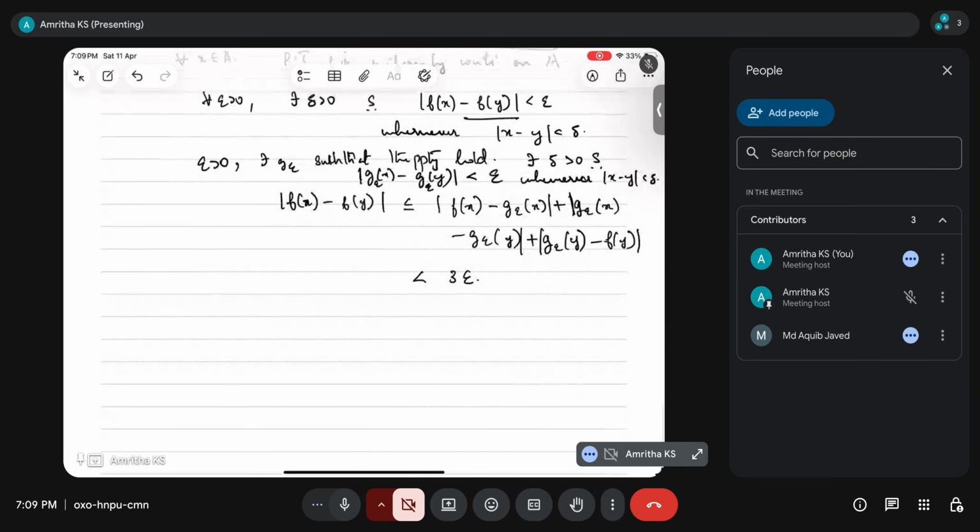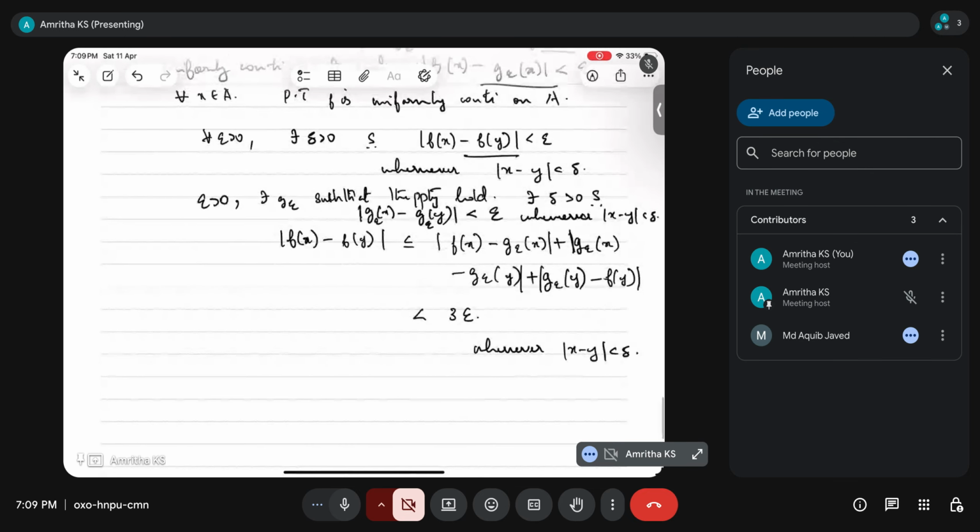So we get this whenever mod x minus y is less than delta, right? So that means for all epsilon, we can take the same delta. This implies that f is uniformly continuous, right? Okay.